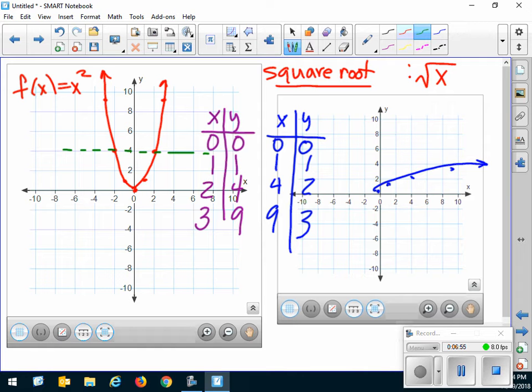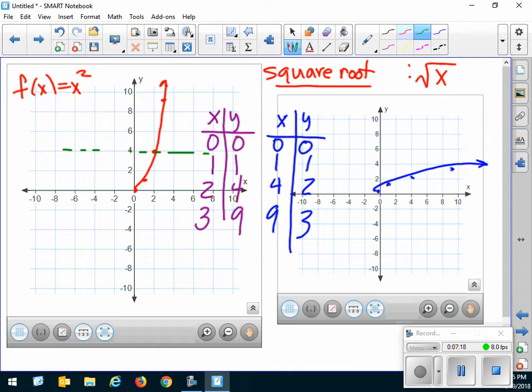So what we have to do is we have to restrict this parent graph where it would pass not only the vertical line test to be a function, but a horizontal line test. So here's what I'm going to do. I'm going to say bye-bye. Now let's take a look at the piece that I've left.